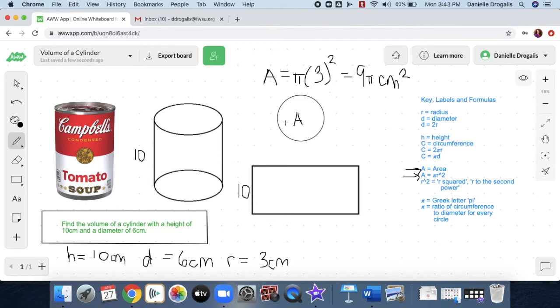So let's imagine enough of these circles stacked on top of each other to generate a height that is 10 centimeters. And so now we take that 10 and we're going to multiply that height times the 9 pi. And I will put centimeters squared here, and this is just 10 centimeters, right?